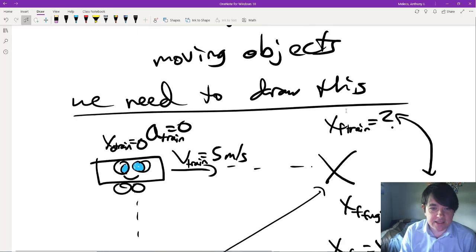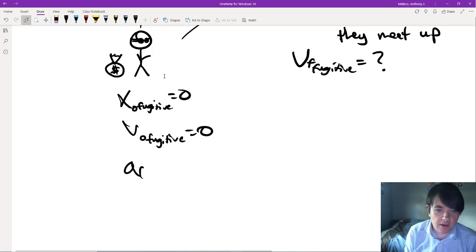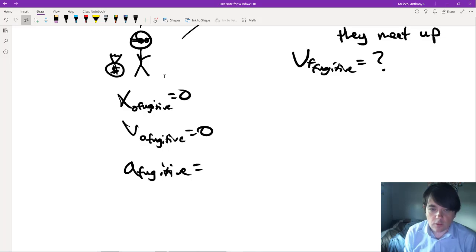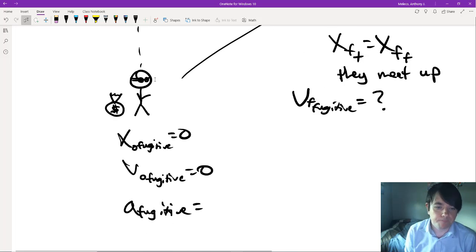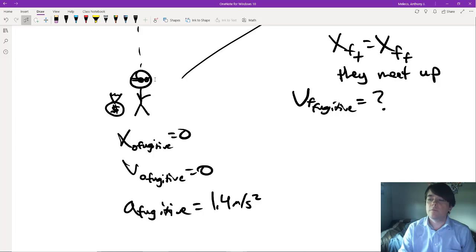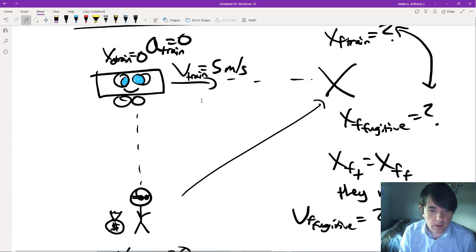The last thing is acceleration. A of the train was 0. A of the fugitive is, they tell us, 1.4. So we've got that information, okay?